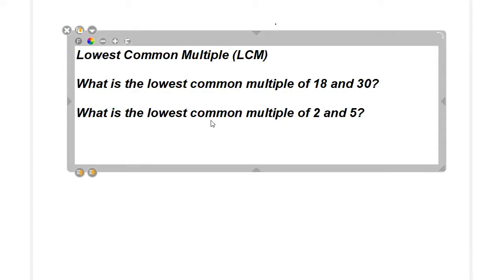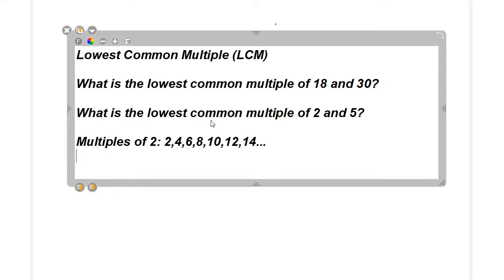Okay, so firstly, to solve this, we will find the multiples of 2 first. So multiples of 2 are 2, 4, 6, 8, 10, 12, 14, and so on. And we will do the same for multiples of 5. So 5, 10, 15, 20, and so on.